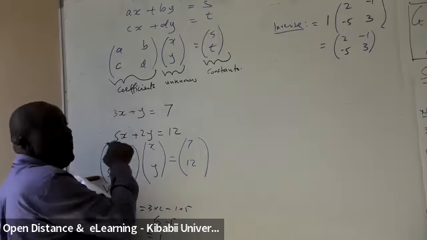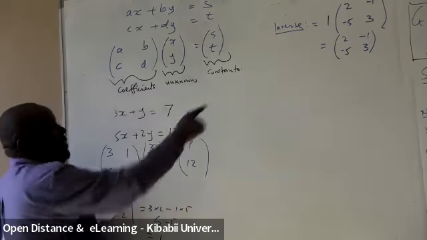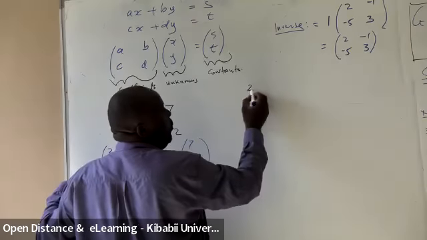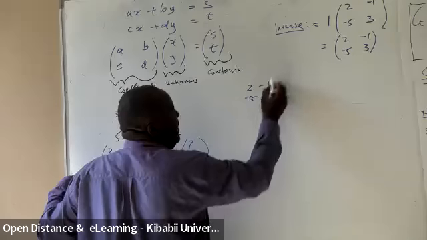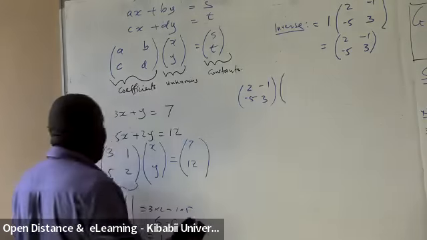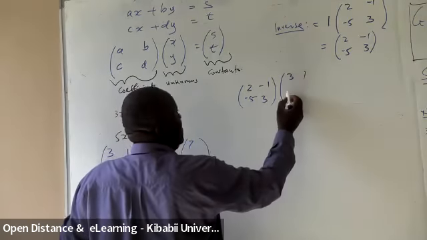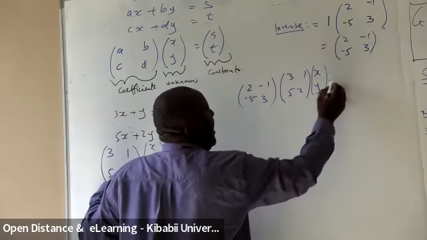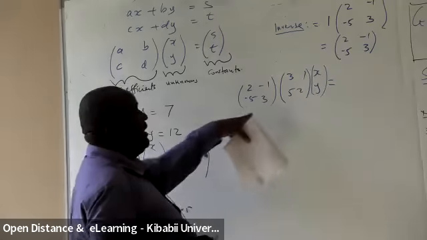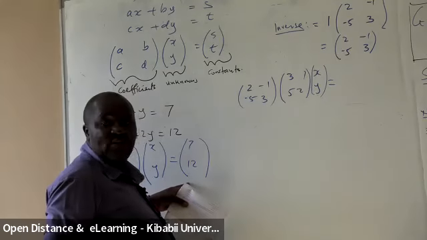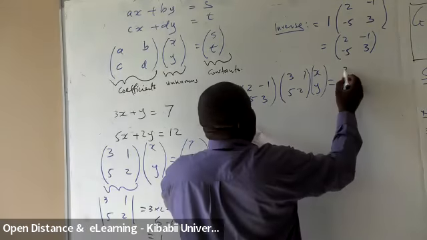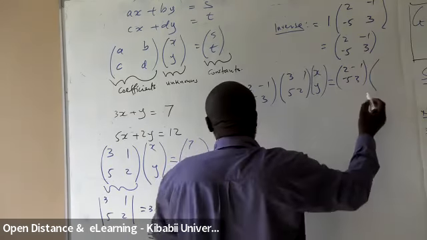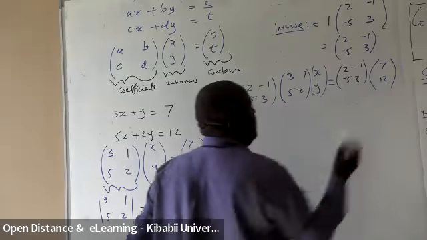So the inverse 2, negative 1, negative 5, 3 by the left hand side 3, 1, 5, 2, x, y, will be equal to the inverse by the constants 7, 12.